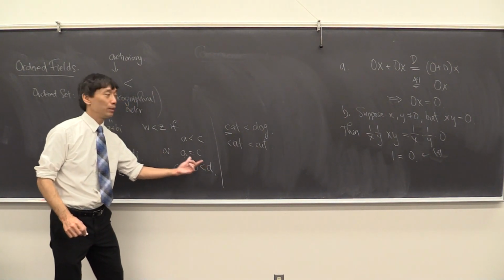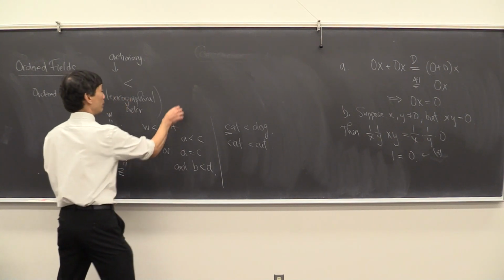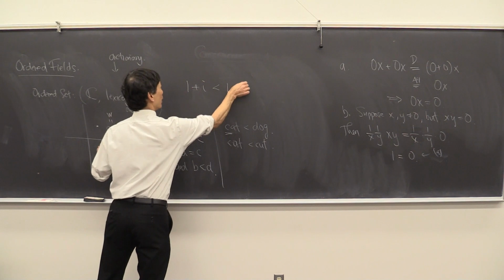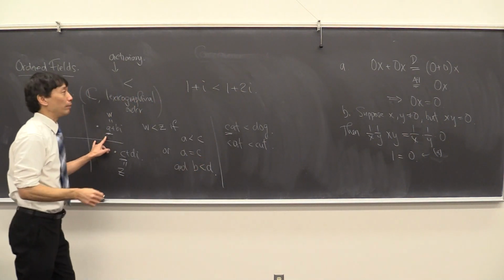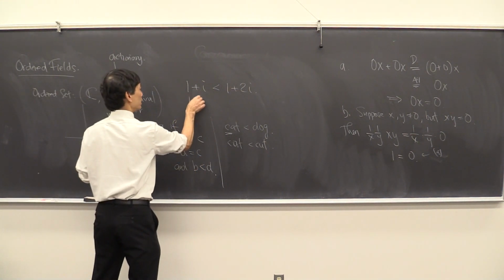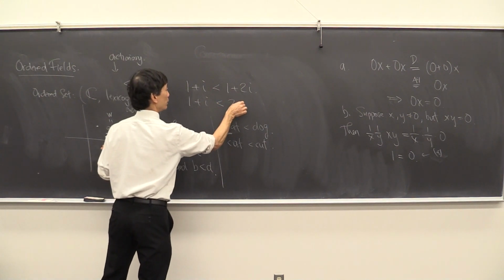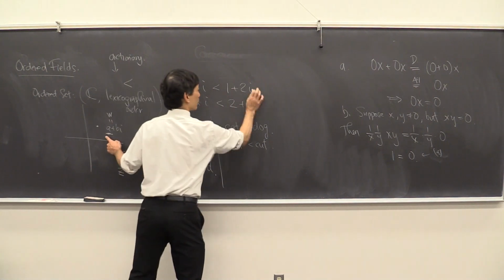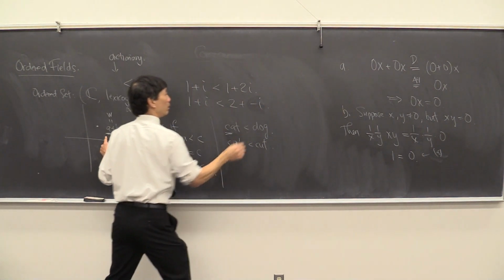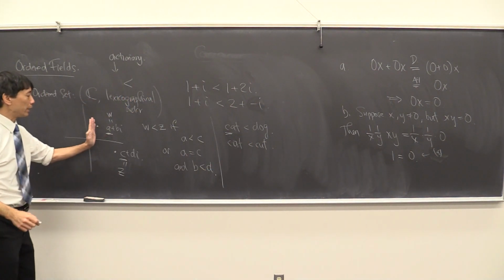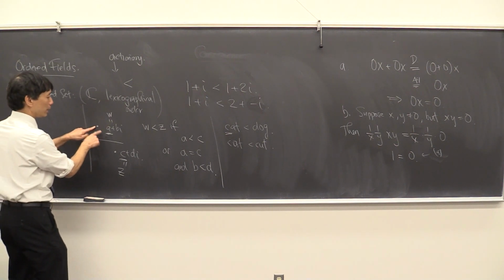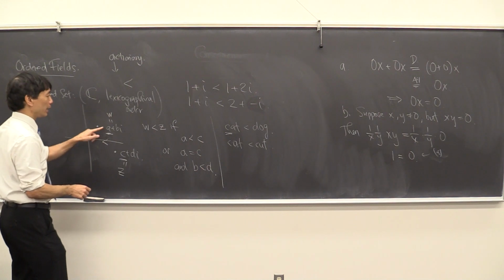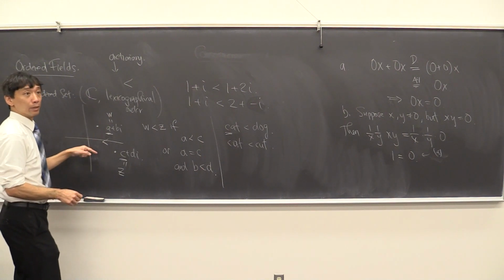Okay, right? So in this world, 1 plus i is going to be less than 1 plus 2i, right? 1 plus i is definitely less than 2 plus 3i, say, or negative i, right? So basically what you're saying is that we say that this one is less than this one if it's to the left or they're on the same line and this one is lower, right?